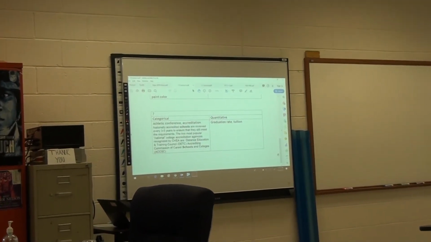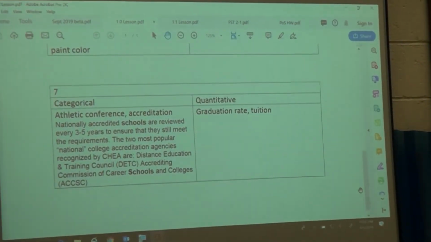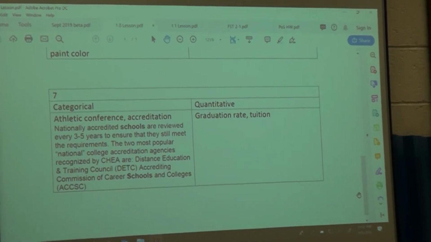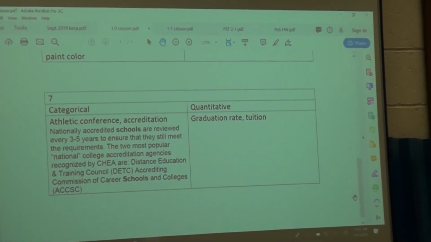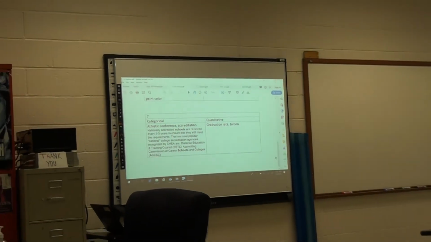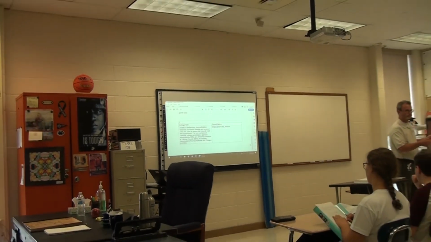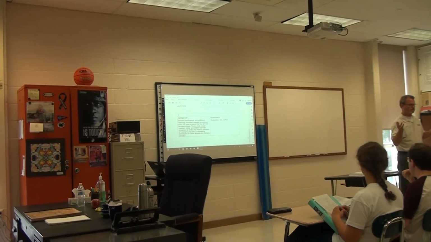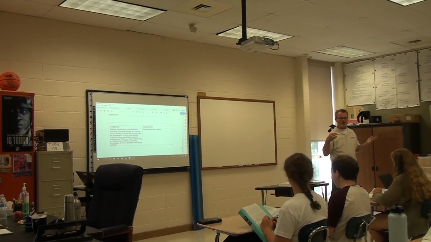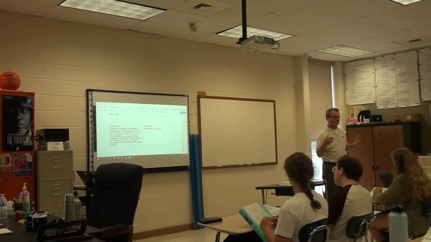And then what kind of accreditation they have. I don't expect anybody to reproduce this, but they're accredited or not accredited. They're in the Big East, or they're in the Big 10, Big 16. They're examples of categorical in terms of the schools.